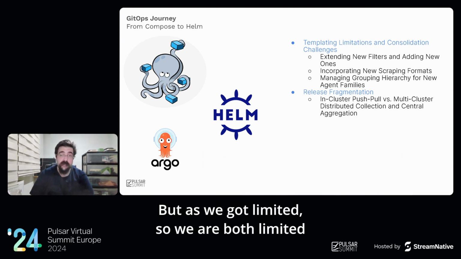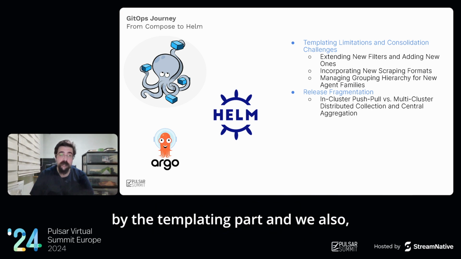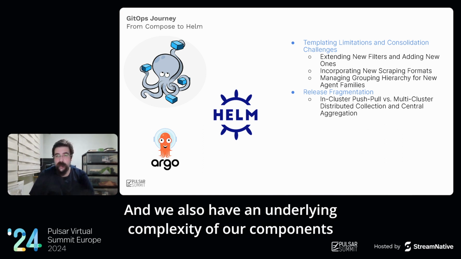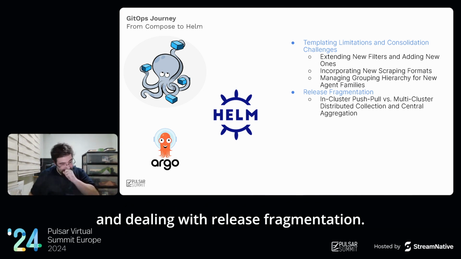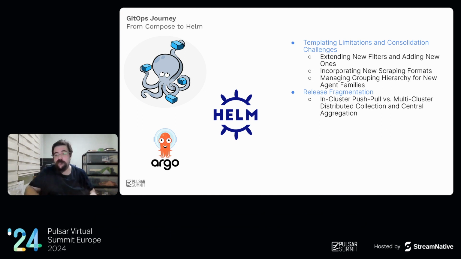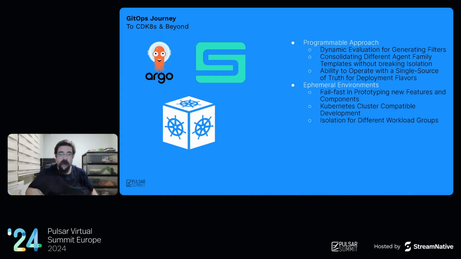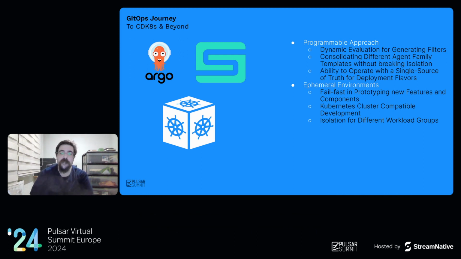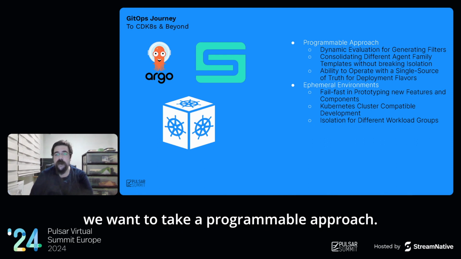But as we got limited, we were limited by the templating part, and due to the level of extensions we have over our templates, we can't really run it in a GitOps way. We also have an underlying complexity of our components and dealing with release fragmentation. Still going ahead with Argo, but this time Argo Rollouts, we want to take a programmable approach.